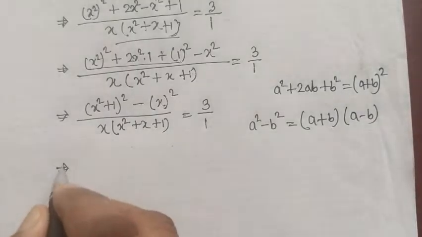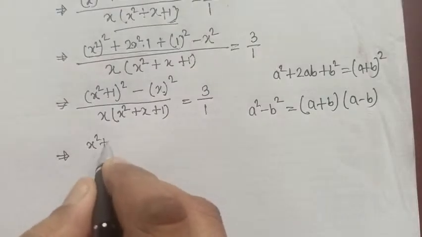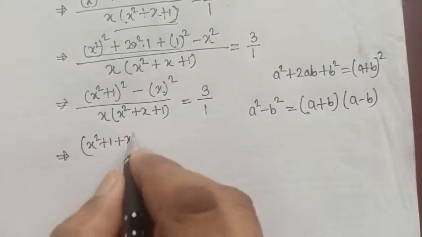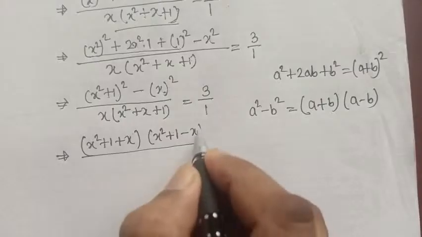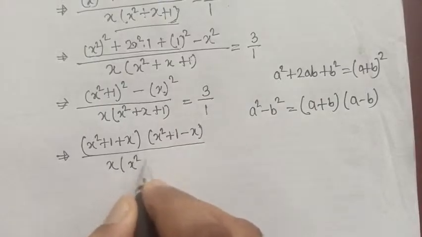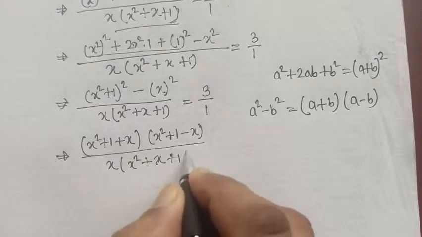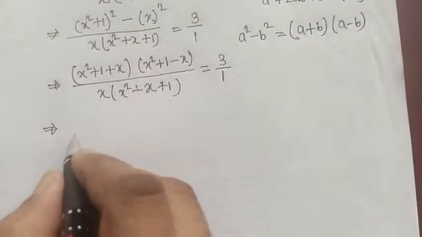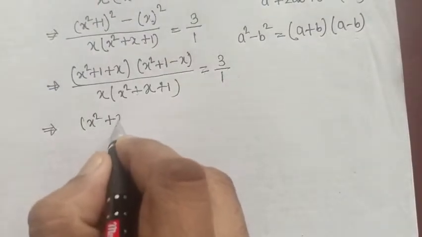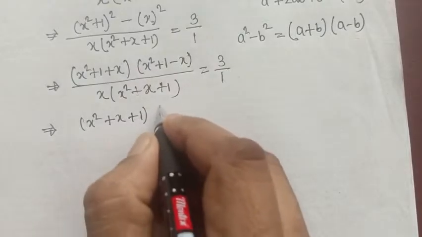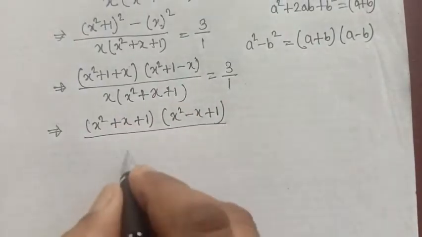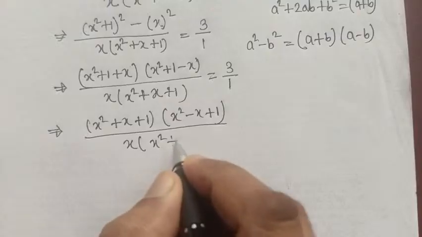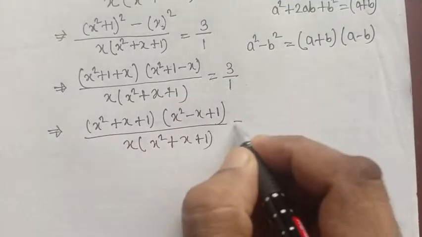So we can express this as (x square plus 1 plus x) into (x square plus 1 minus x) by x into (x square plus x plus 1) equals 3 by 1.